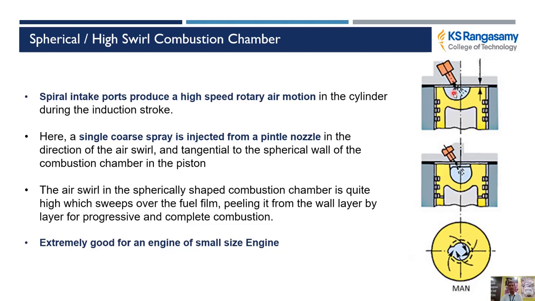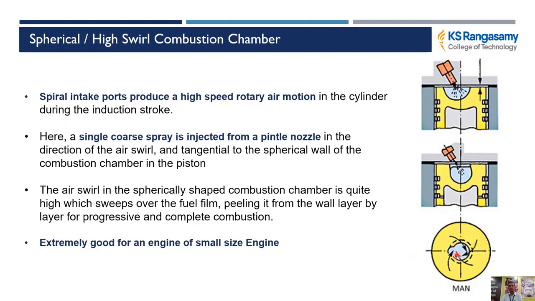So we need a high swirl condition in order to get proper mixing of fuel with the air. This can be achieved by using a spiral intake port that produces a high speed rotary air motion in the cylinder during the induction stroke.